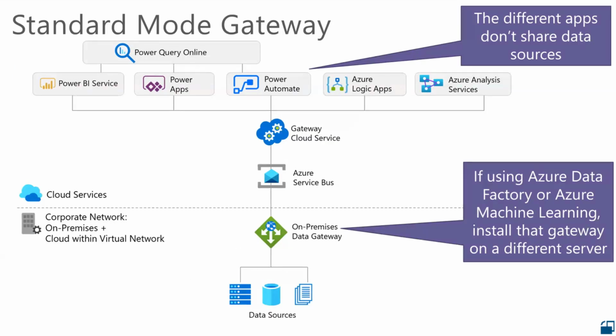So conceptually, what's happening with a standard mode gateway is at the very bottom middle, we've got some data sources that are somewhere that we can't reach. And that connectivity is going to happen through the data gateway and up through the cloud service. And with the standard mode, the same gateway server architecture can be shared among these different services.